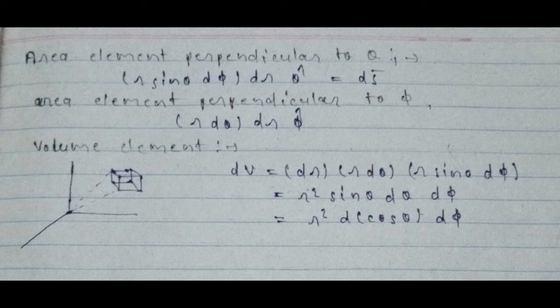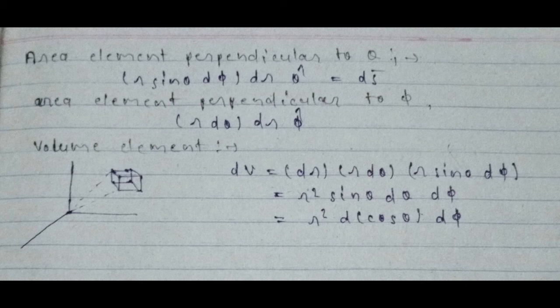All right. So these three are the small distances, or small height, length and width of the volume element, and therefore the volume element is nothing but dr times r d theta times r sin theta d phi, which is equal to r square sin theta d theta d phi, sometimes also written as r square d cosine of theta d phi.